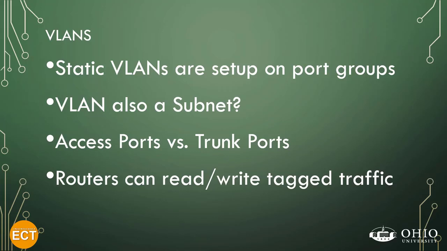Oftentimes we're setting them up and using them as port groups, so we might have a 48-port switch that we've divided into 3 sections so that we can divide the devices that way. Instead of running physical uplink ports to each one of those port groups, we can use VLAN tagging to get the traffic out of the switch.